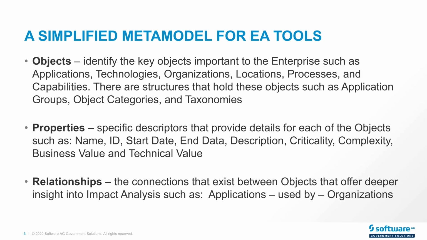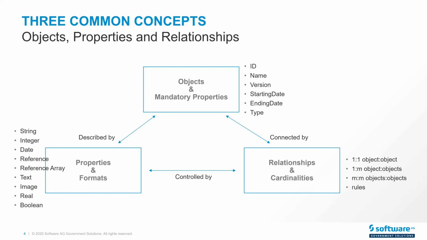What I'd like to show you is just a short little picture of these concepts. Now we talk about objects, properties, and relationships, and if we start at the very top, what we're seeing is objects and mandatory properties. In the EA tools that we offer at Software AG, we have objects and they have a mandatory set of properties for creating a record in the database.